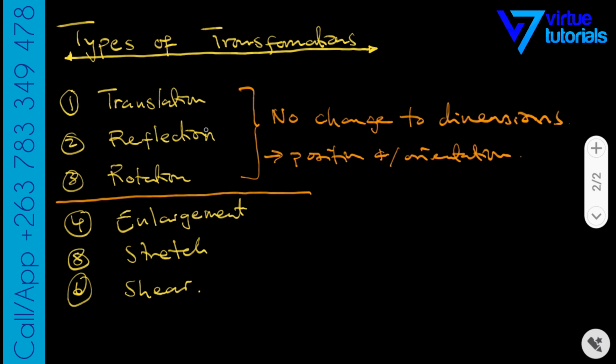So the original shape and the image of that shape will be in different positions, right? So position changed. Reflection and rotation also change the orientation, right? So the shape flips in one way or the other. It flips and changes its orientation, right?